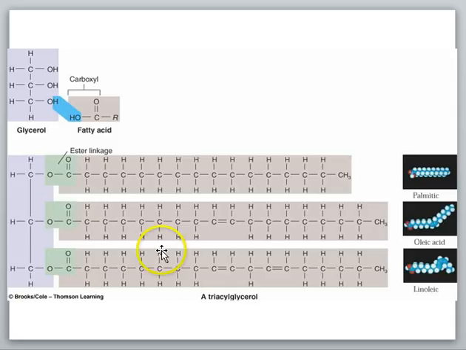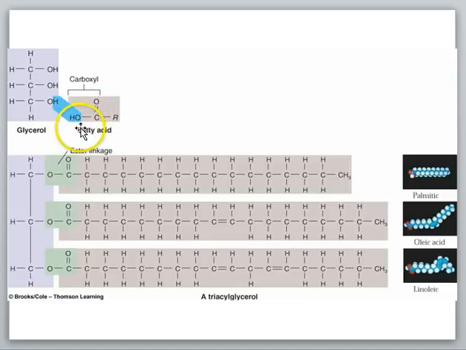Okay, here's a diagram from your textbook showing this idea of a triacylglycerol, and it consists of the glycerol unit. Right up here is the glycerol unit, and you notice the OH on there. And then here's the fatty acid, and we have this carboxyl end.